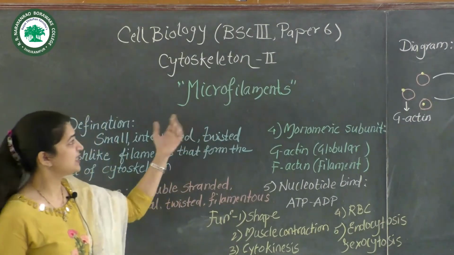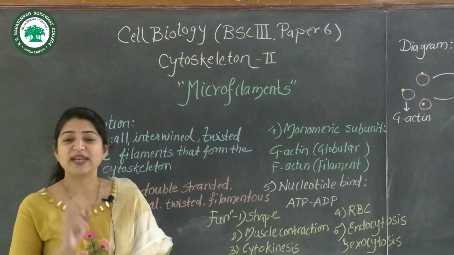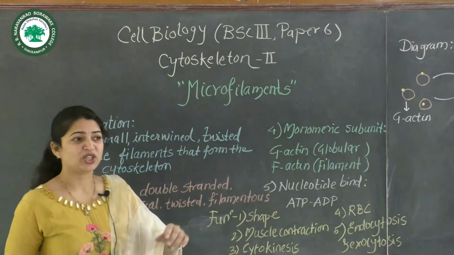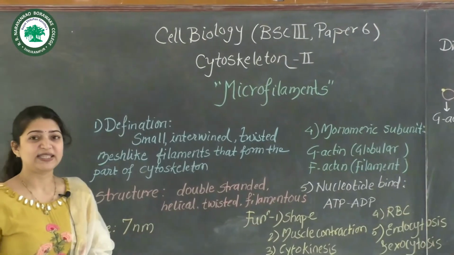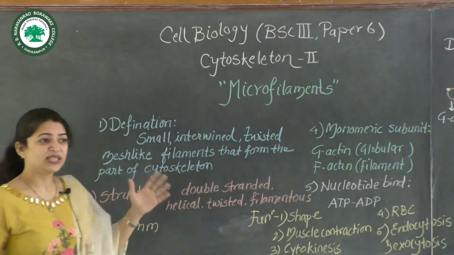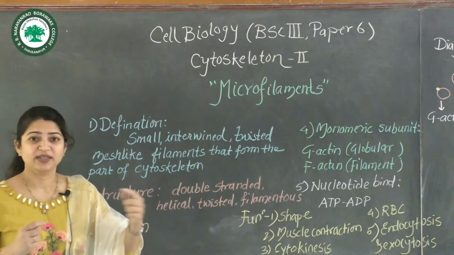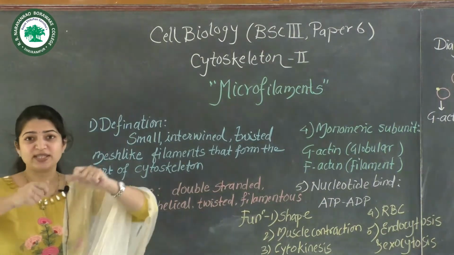As the name suggests, it is microfilament. Micro means it is very small in size, with a filamentous structure. In this lecture, I will tell you some points quickly. In the definition, these microfilaments are very small, intertwined around each other, a twisted structure.